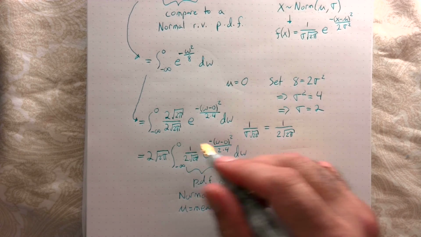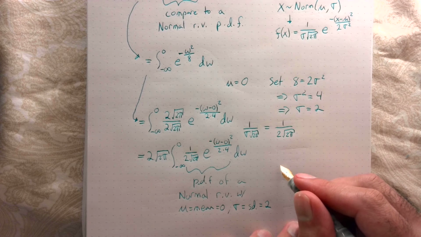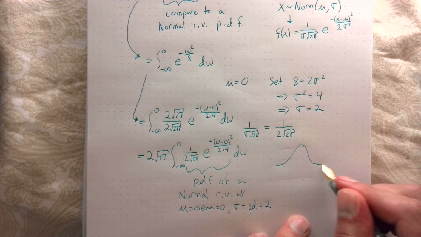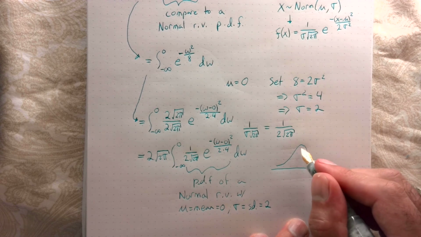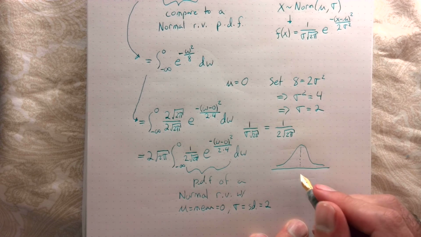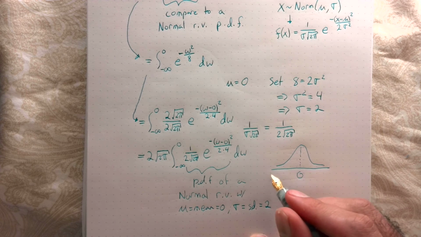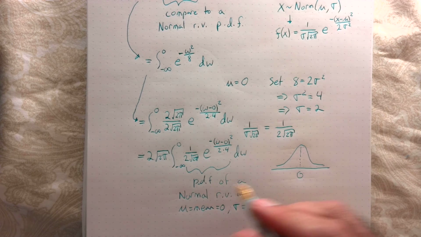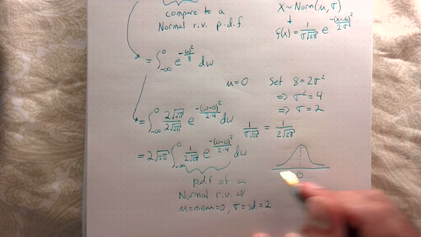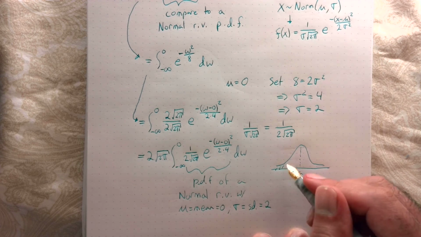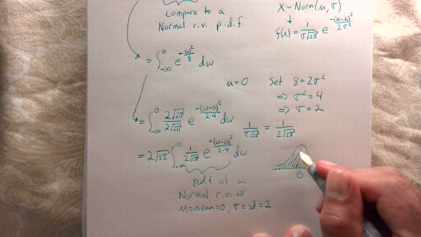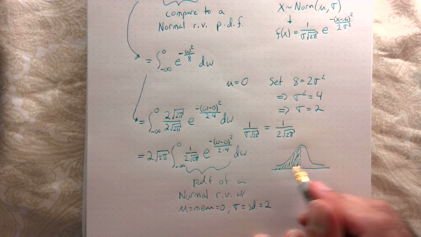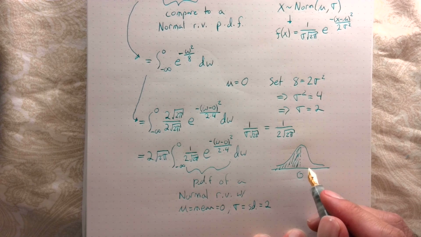But now I'm not integrating from negative infinity to infinity. If I was, this would be exactly equal to 1. So I need to use the symmetry of the normal PDF. In this case, my mean is 0. If I integrated from negative infinity to infinity, it would correspond to the whole area under this curve. If I integrate from negative infinity to 0, that corresponds to this area under the curve. But because of the symmetry of the graph, this area and this area are exactly equal.